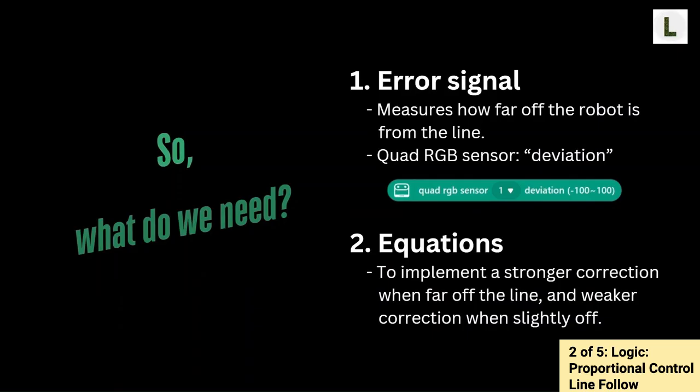If it's far off, it makes a stronger turn. And to achieve this correction proportional to the amount of deviation, we will need a couple of equations that dictate how much power is to be sent to each of the left and right motors. The error signal is given to us directly by mBlock using the quad RGB sensor's deviation block. However, the equations are something that we need to explore.